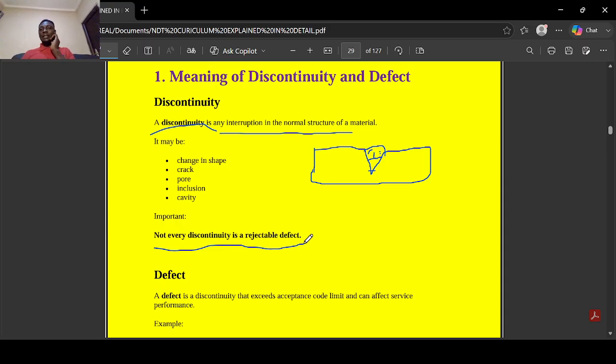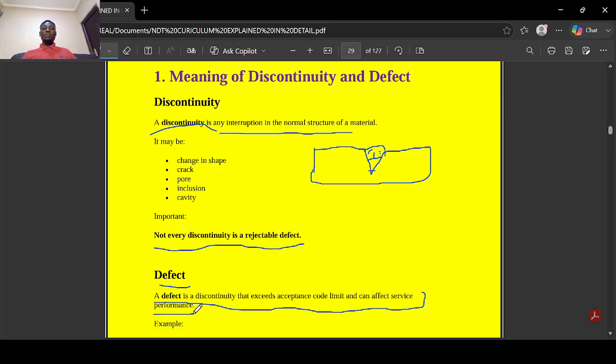I believe I explained in a way you understand. So the next one, which I already explained, so we will not waste time here, is defects. A defect is a discontinuity that exceeds acceptance code limits and can affect service performance, like what I rightly said now. It becomes a defect when it's dangerous to the equipment itself.